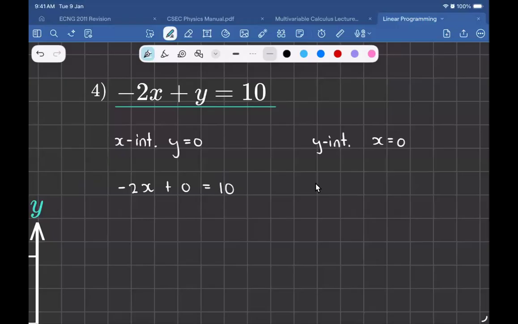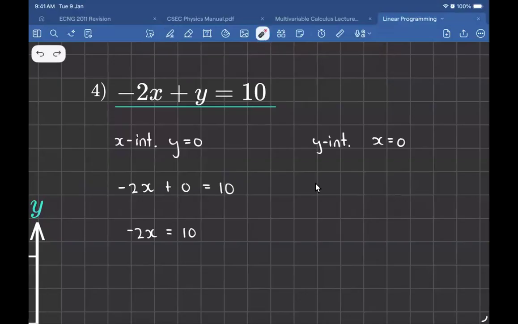So I have minus 2x plus 0 equal to 10, but it doesn't really make sense to carry across a 0. 0 means nothing. Zero literally means nothing. So when you simplify that, it literally just remains as minus 2x because 0 is nothing, right? So minus 2x is equal to 10.